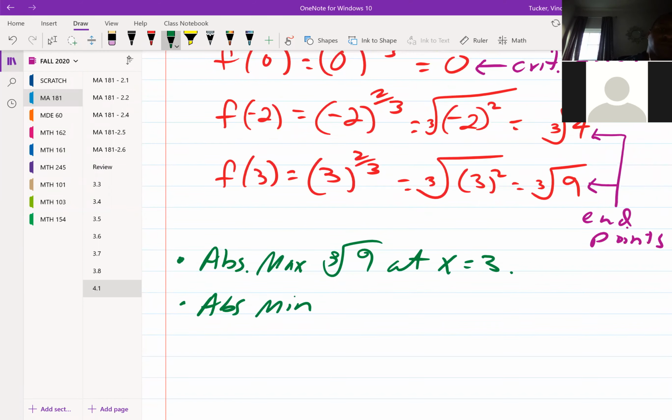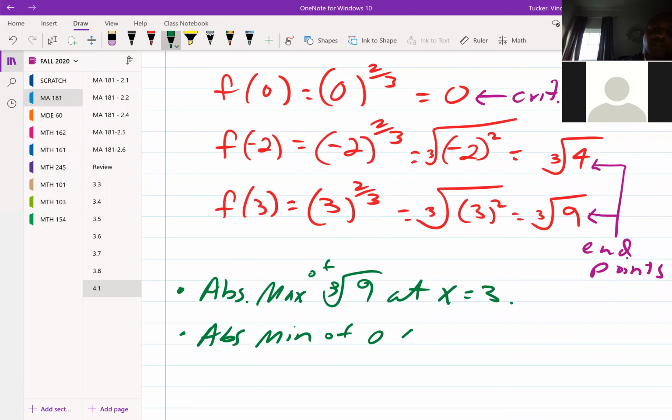Absolute minimum of 0 at x equals 0. All right. Questions with the process?